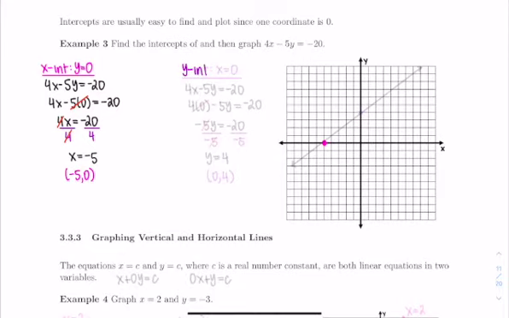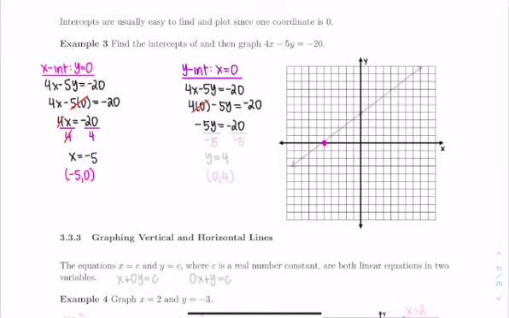For the y-intercept, we let x be 0. So we have 4x minus 5y equals negative 20. Plugging in x equals 0, we've got 4 times 0 minus 5y equals negative 20. Anything times 0 cancels, and we end up with negative 5y equals negative 20.